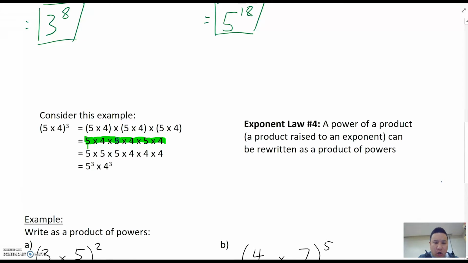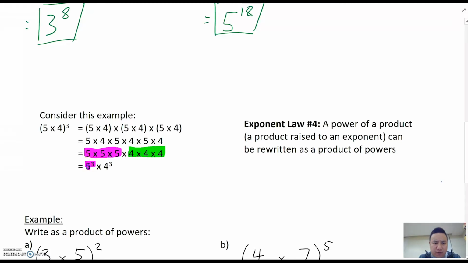And because this is all multiplication, I'm just going to rearrange these. I'll put all the 5s together, and I'll put all the 4s together. So that's what happens at this step right here. Well, there's another way to write 5 times 5 times 5.